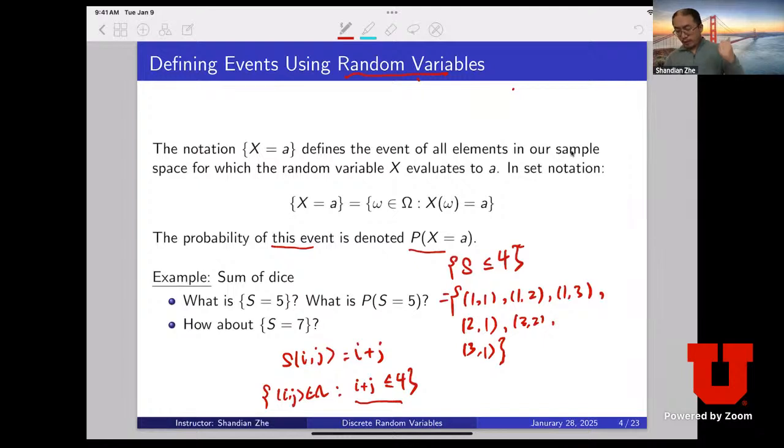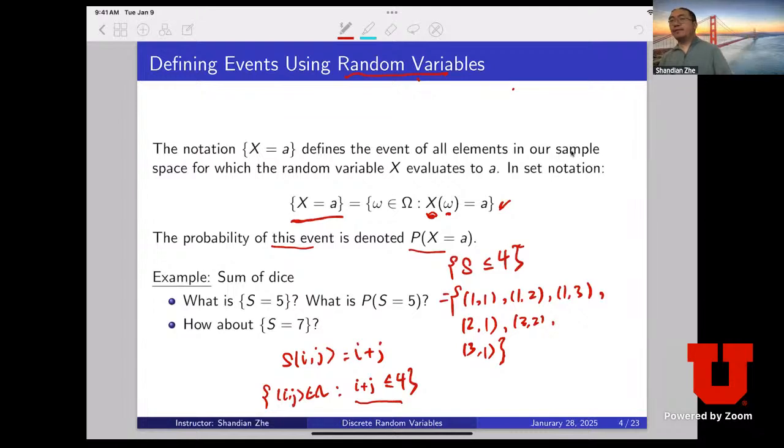For example, I can define this event, namely that the value of the random variable is A. This defines an event in the original sample space as follows: I collect all the outcomes in the sample space such that the evaluation of the random variable at such an outcome is A. That's a new way to define events.